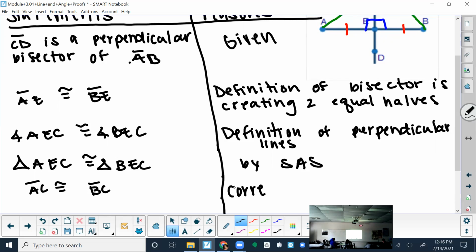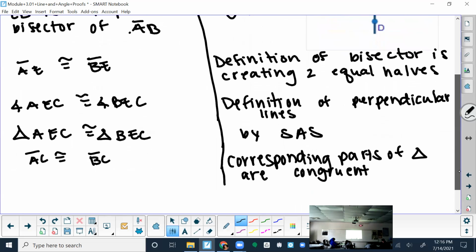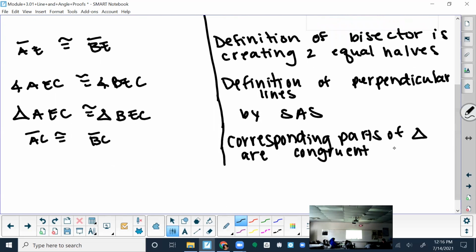And the reasoning for it is corresponding parts of a triangle are congruent. So if we've established that the triangles are congruent, well, we can say that this side is congruent to that side.